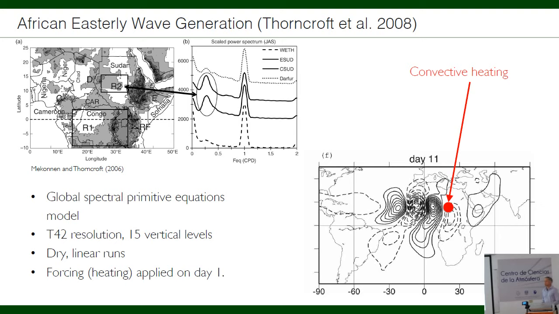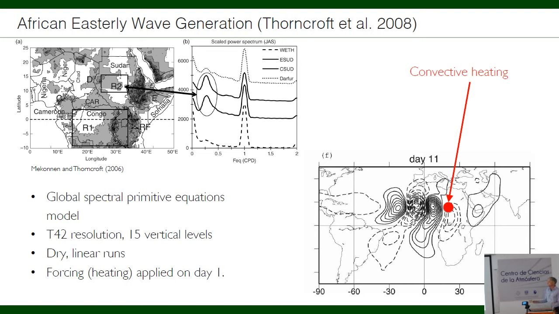Okay, so to think about the local generation of easterly waves, I started first thinking about this based on some work that was done over Africa, actually. This is a map of Africa, and the black and grayish areas are topography. Of interest is this region right here, labeled R2, called the Darfur region of Africa in southern Sudan.